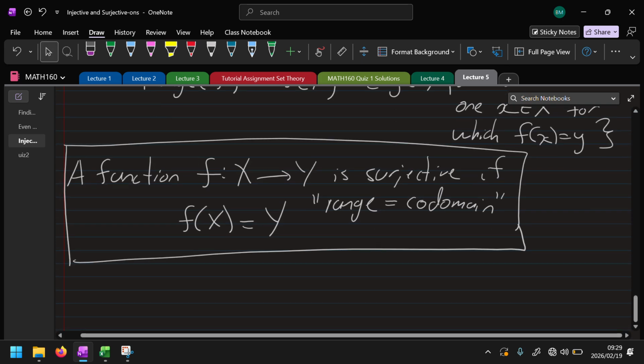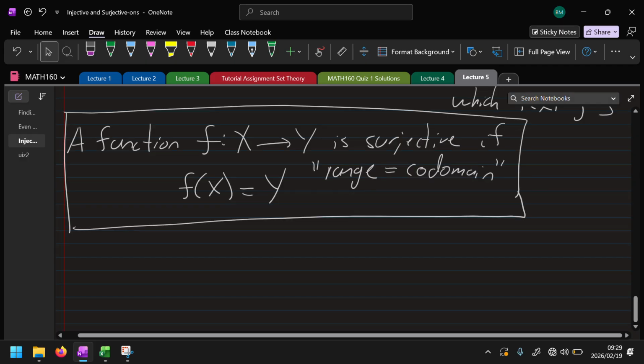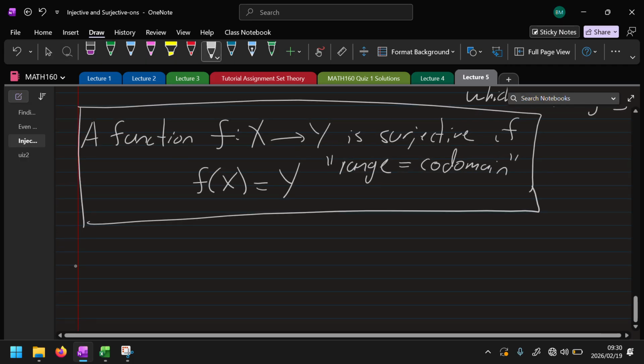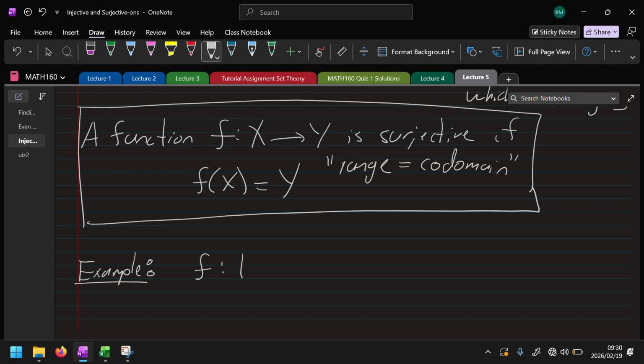And we'll have a look at one example of this, and then we'll leave it for today. So let's say, example, f from the real numbers to the real numbers, x maps to x squared. Actually, we're going to do two examples just to show you it's a little bit trickier than you think.